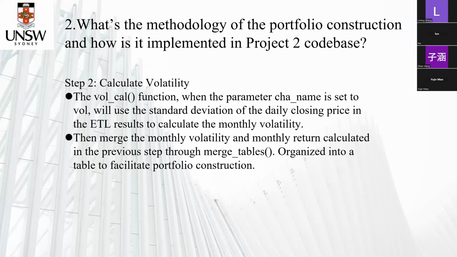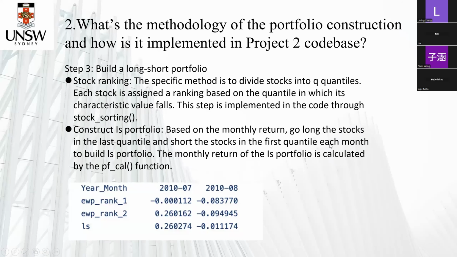Next page, please. Step 3 is build a long-short portfolio. A long-short portfolio is constructed by going long stocks in the last quantile and short stocks in the first quantile each month. Stock ranking: the method is to divide stocks into Q quantiles. Each stock is assigned a ranking based on the quantile in which its characteristic value falls.